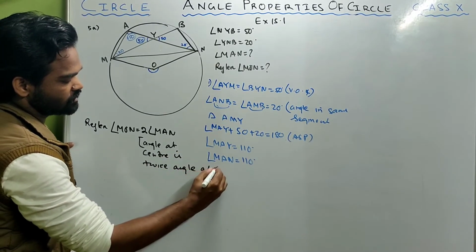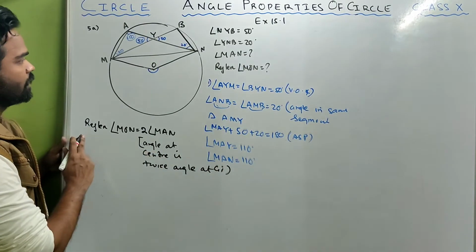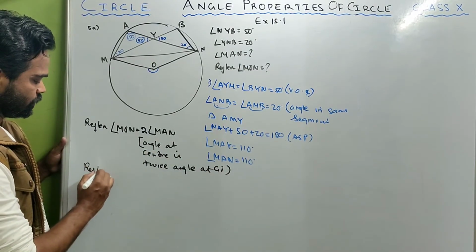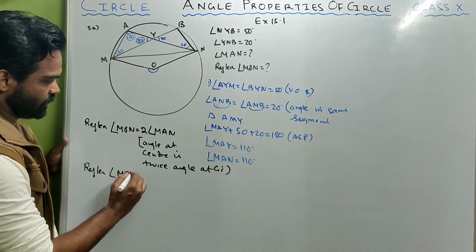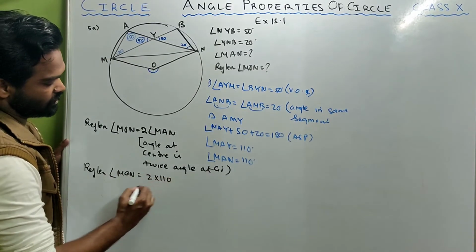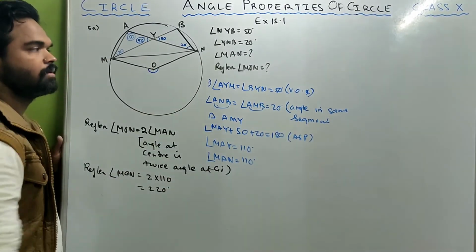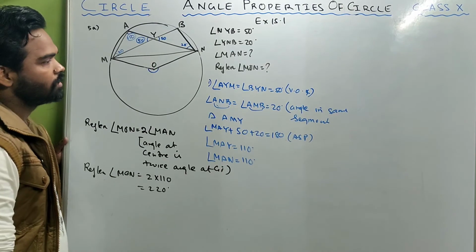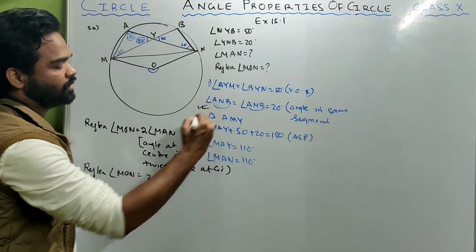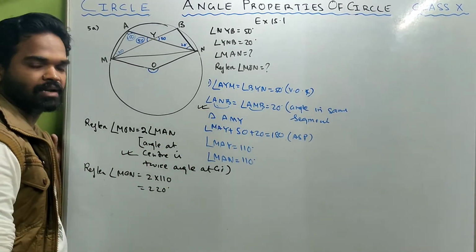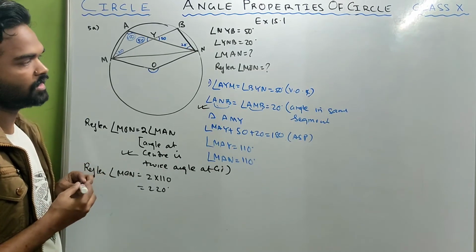Reflex angle MON is twice of 110, that's 220 degrees. Done. Pretty easy. We use the property that angles in the same segment are equal and the angle at the center is twice the angle at the circumference. Okay.